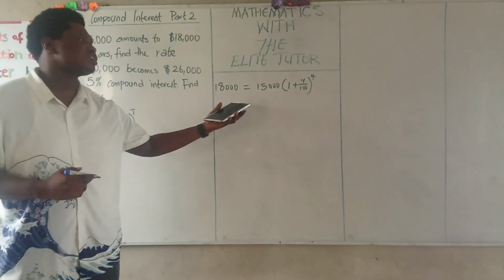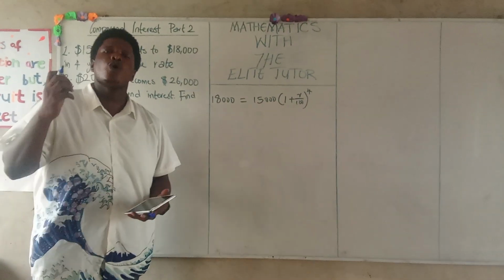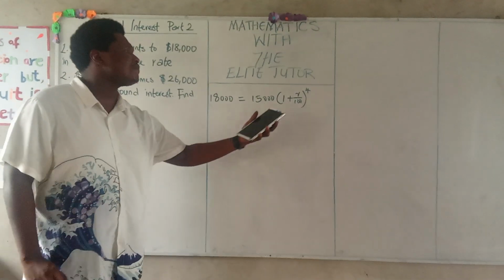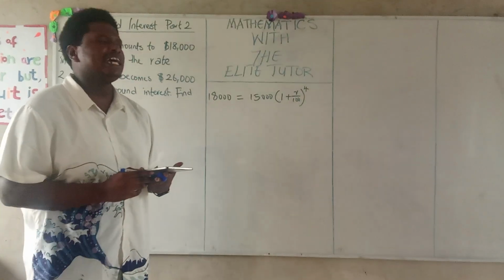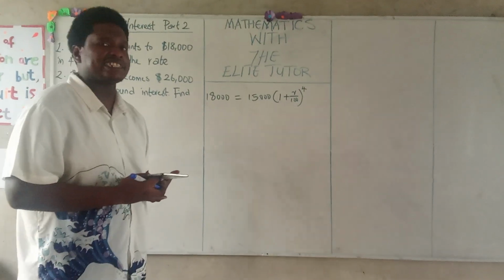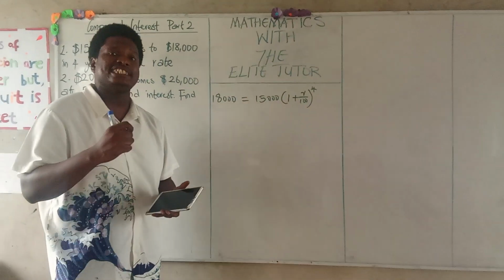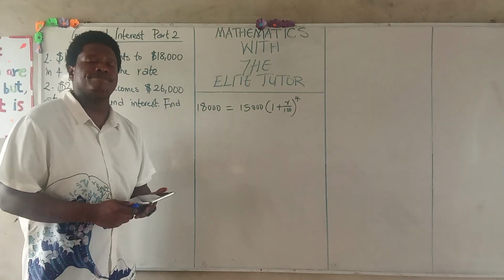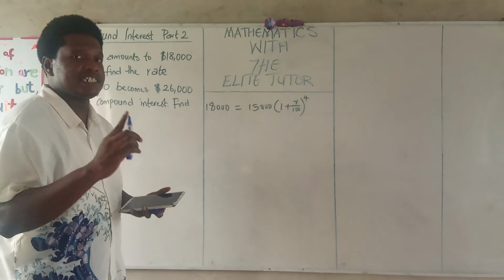In order for us to simplify this expression, we'll have to divide both sides by 15,000. Don't forget we are looking for r, so any number or digit attached to r, we'll try to eliminate them one after the other. So the first thing we are going to do, we are going to divide both sides by 15,000.